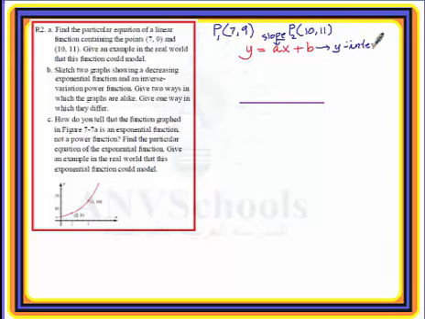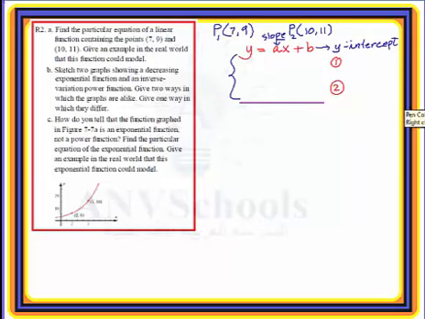This b is the point where your x is 0 and you have a certain value of y, and it crosses your y-axis. So having this general form, we could now get 2 equations with 2 unknown variables a and b.